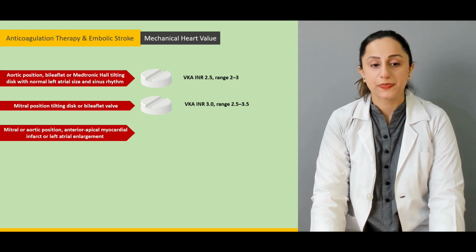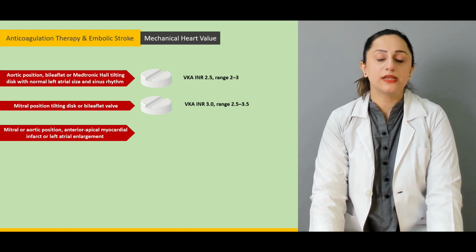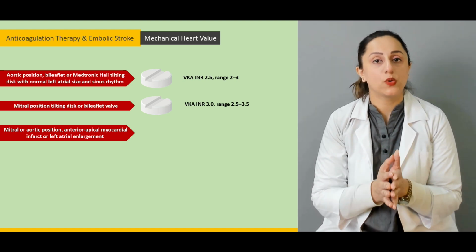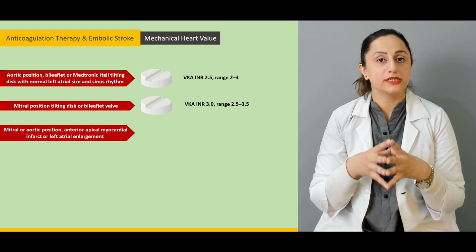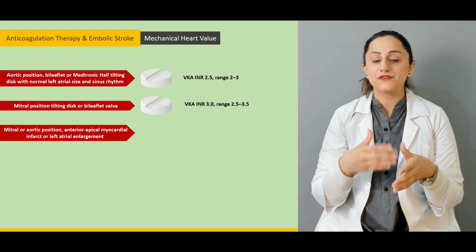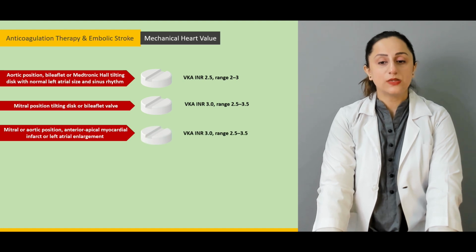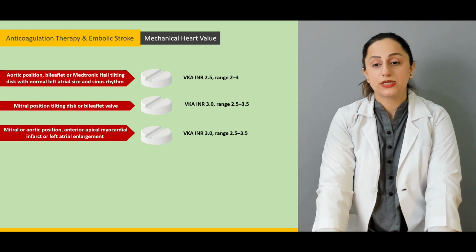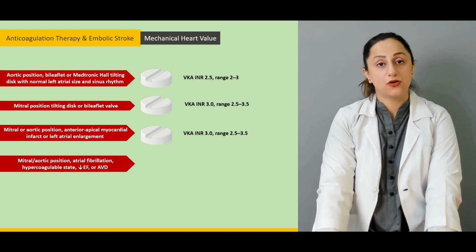Mitral or aortic positioning is again evaluated, and these criteria are assessed on the echocardiogram that is performed. You're looking for an anterior apical myocardial infarct or left atrial enlargement. In that case, the VKA is prescribed if the INR is 3 and the range is 2.5 to 3.5 for these patients.